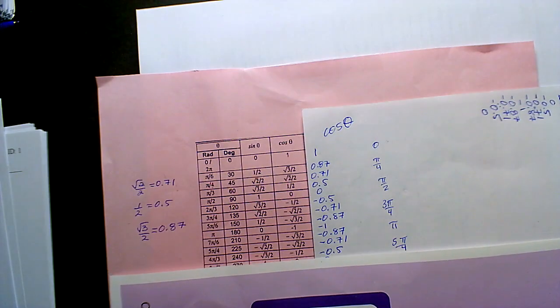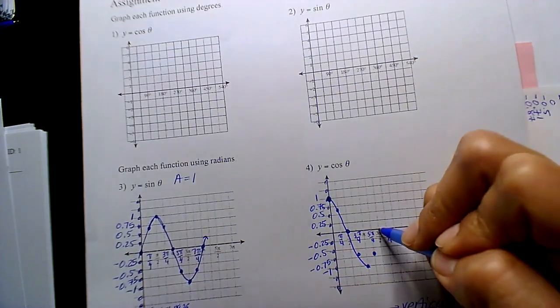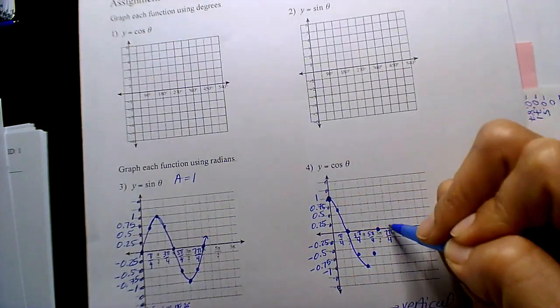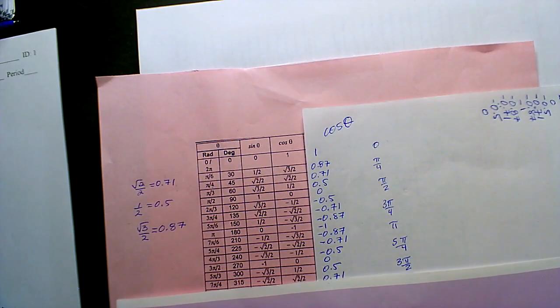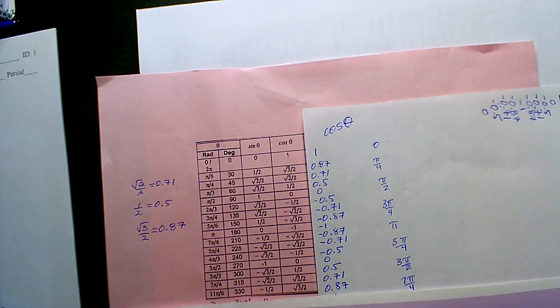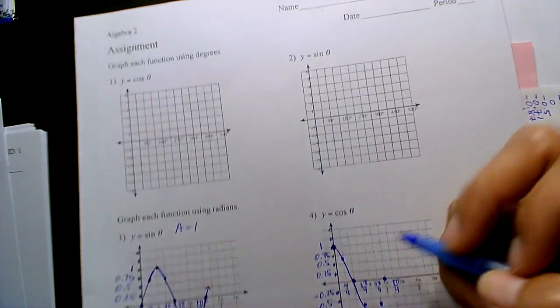And then 3 pi over 2 is 0. And then this one, you're going to go right back to 1. So it'll be 0.71, and then 7 pi over 4, 0.71.